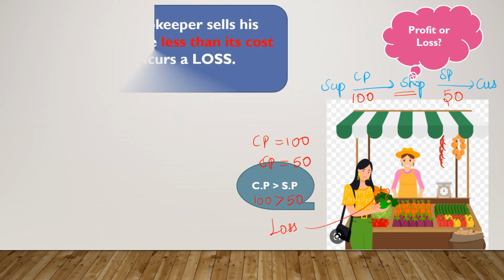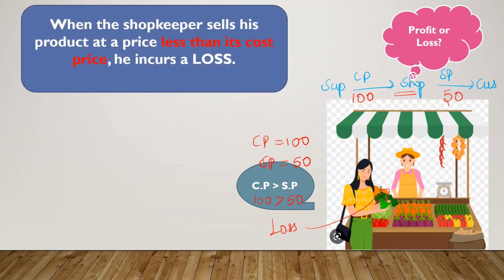So what is loss then? When the shopkeeper sells his product at a price less than its cost price, he incurs a loss. Yes, of course, it's a loss. So it is the exact opposite of profit.